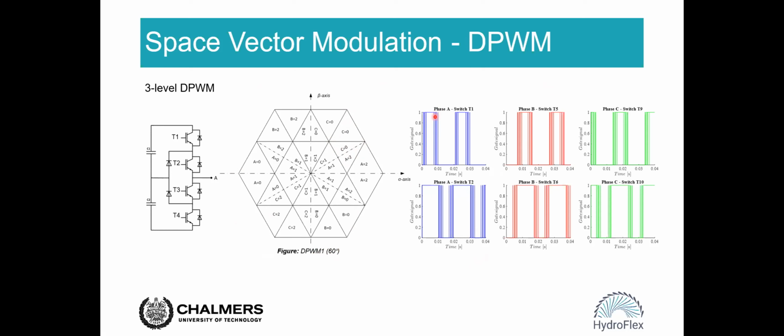And here we can see that for this switch T1, it will keep clamped to this positive rail for this period. And for this switch T2, it will clamp to the positive for this period. But if we combine these two, T1 and T2 together, then this upper arm of the switch will clamp to the positive rail of this link for this small period.